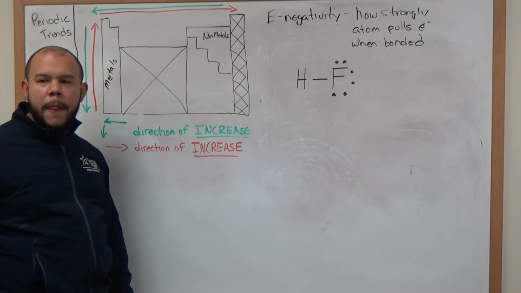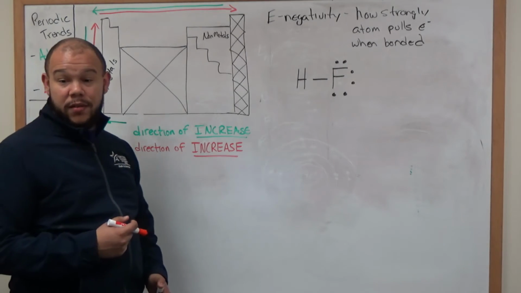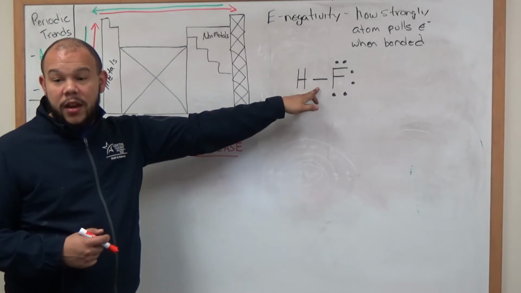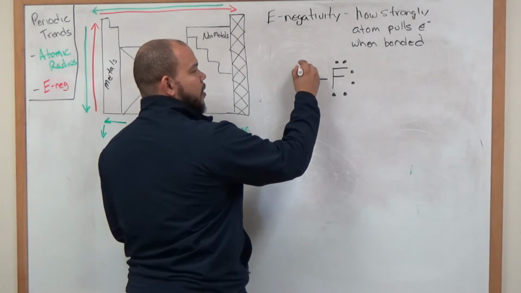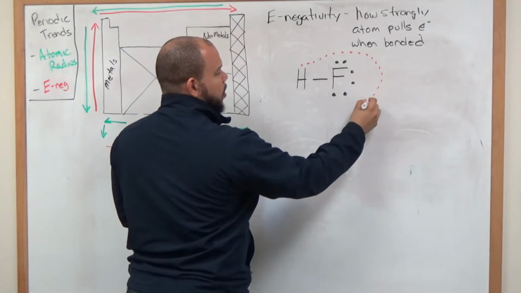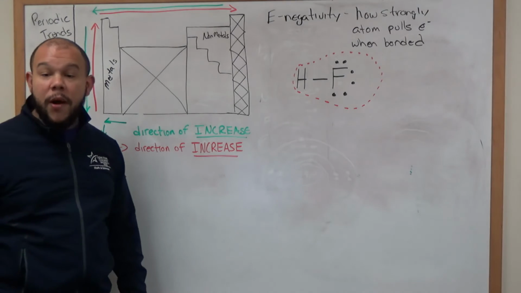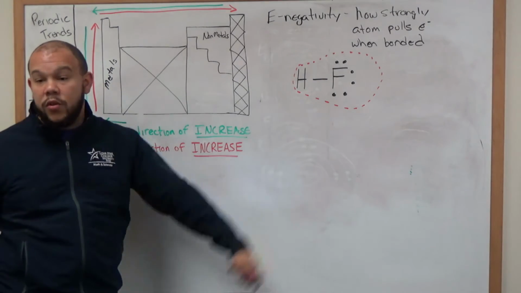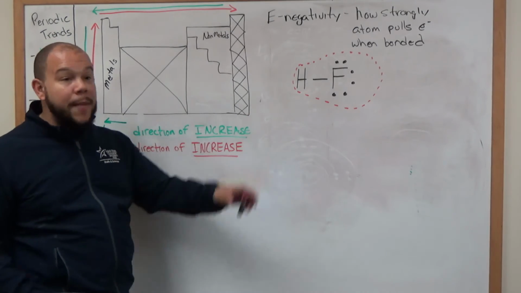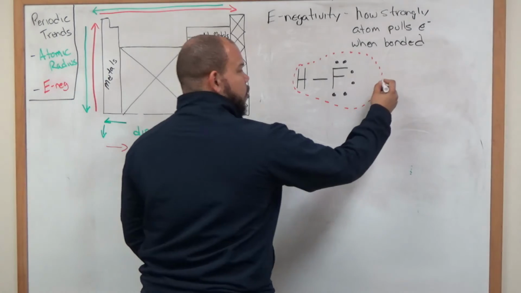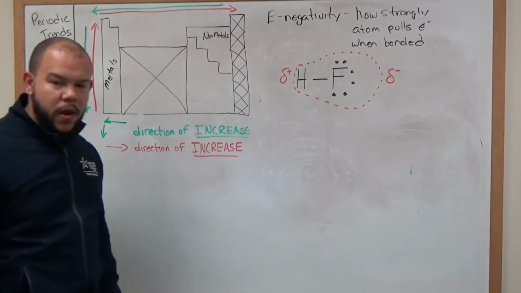And in a second, I'm going to show you the Pauling scale. But fluorine being highest means that it's greedy with electrons. The bonding electrons associated in this covalent bond force the electron density to choose to hang around fluorine more. The probability of finding the bonding electrons is going to be around fluorine, and therefore we end up with a partial negative charge over here and a partial positive over here, right?